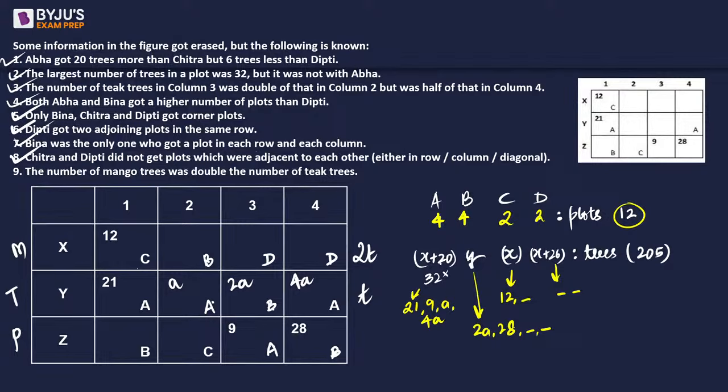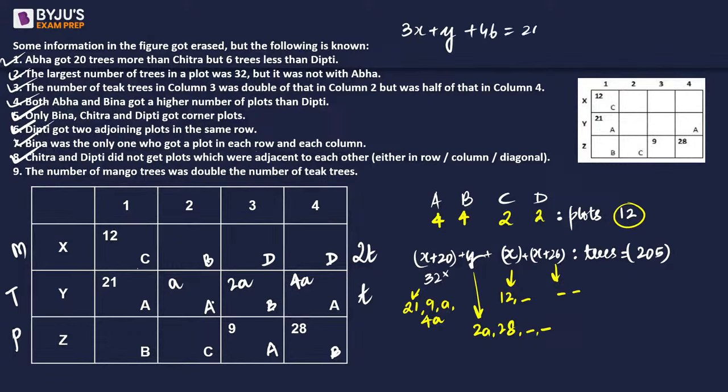So now, can we say this sum of the trees is 205? क्योंकि अब यही ये combo बचा है. So if we add all the trees that these 4 are going to get, it should result in 205. So if we add all this, we will get x plus x plus x, which is 3x plus y. 20 plus 26 is 46.